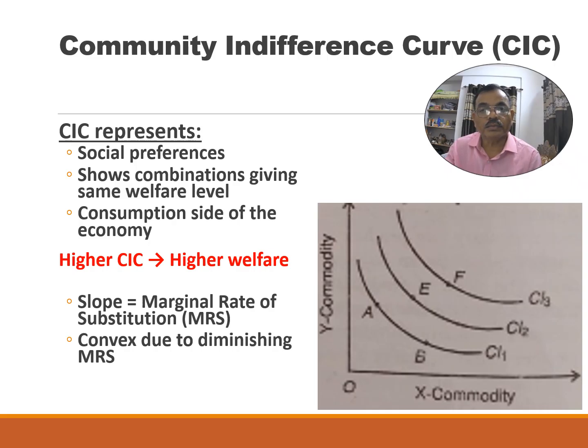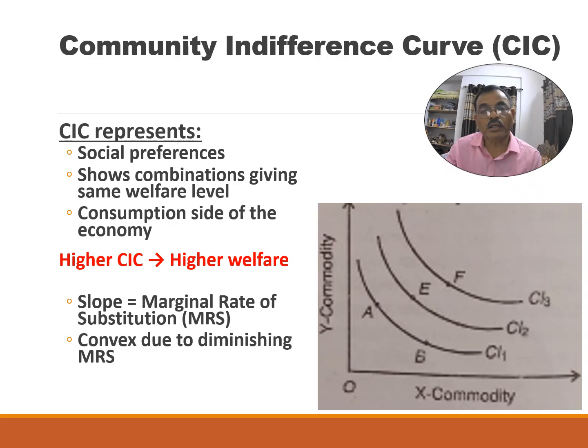In other words, every point on a given CIC, that means community indifference curve, gives equal satisfaction to society. Point A and B on CIC 1, for example. If we move to a higher indifference curve, welfare increases.